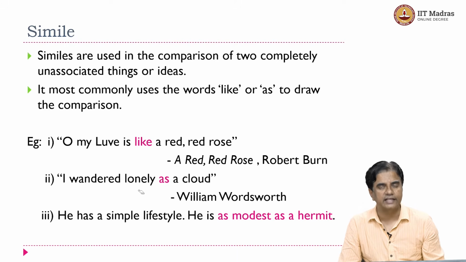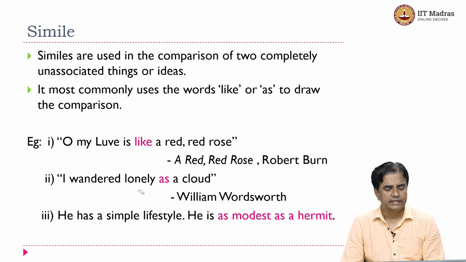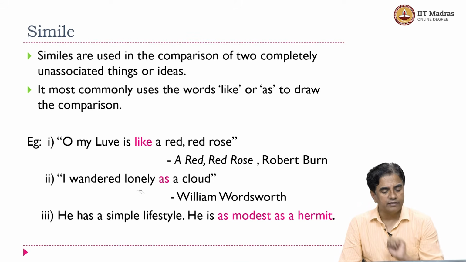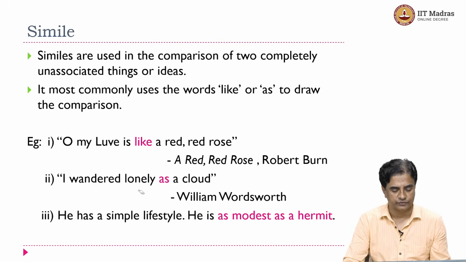There is a line in that poem: Oh my love is like a red, red rose. I wandered lonely as a cloud. He has a simple lifestyle. He is as modest as a hermit.